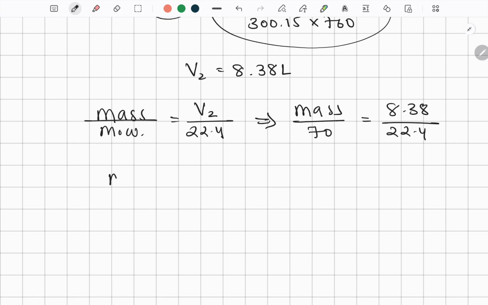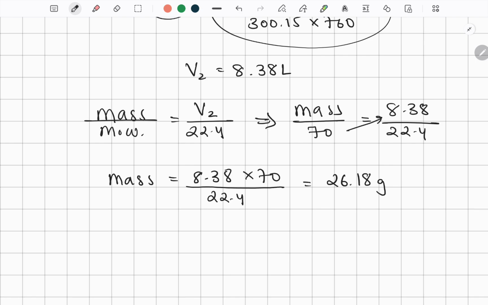Keeping the mass on the left and all the numbers on the right, 8.38 into 70 divided by 22.4. When you solve this fraction, you get 26.18 gram. So the mass of the substance is 26.18 gram.